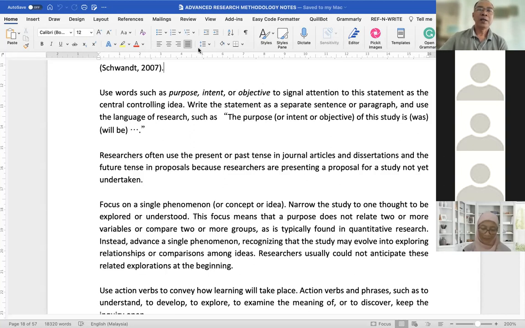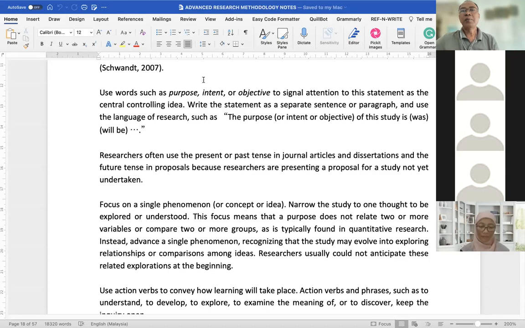However, in qualitative research, it's the reverse. Yeah, Bapak Haji Pamungkas, it's the reverse. In qualitative research, the purpose statement is quite broad. The researchers try to get the data first, collect the data, and then examine the data.